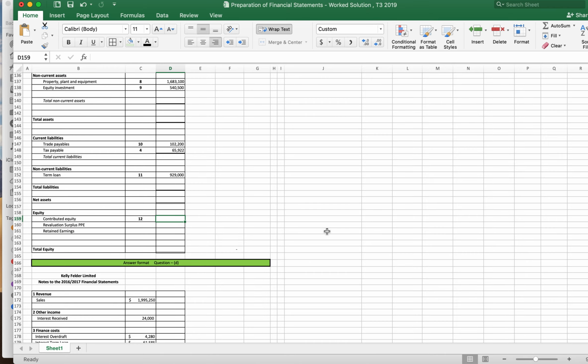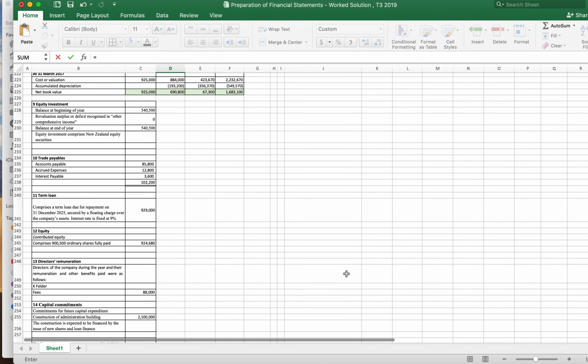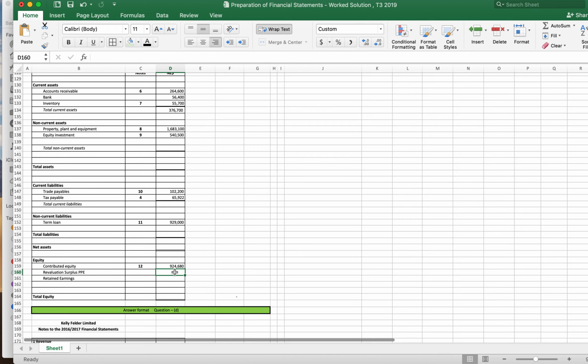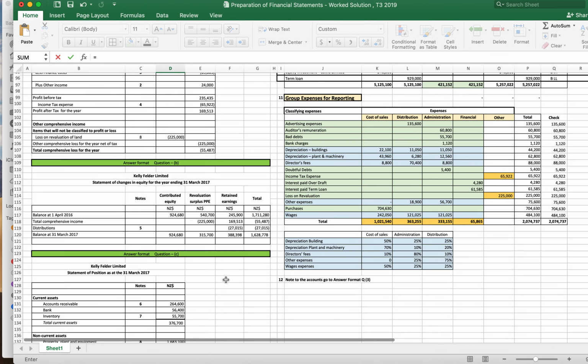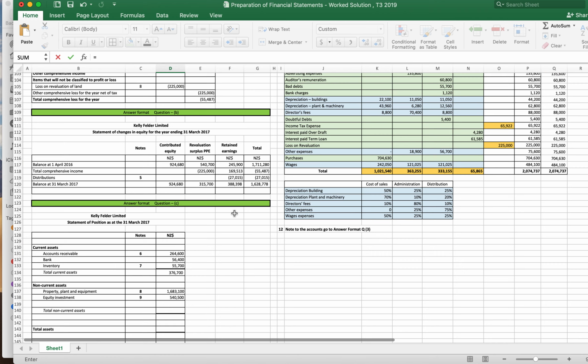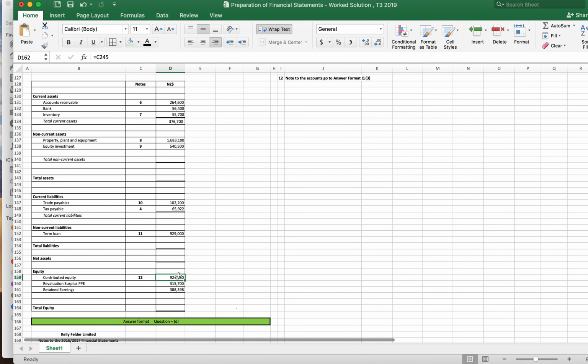That equity is the share capital, that amount. We should be able to pick up these from the movements and statement of equity. We should be able to pick up the retained earnings from there as well. We could have picked up all three from there actually.